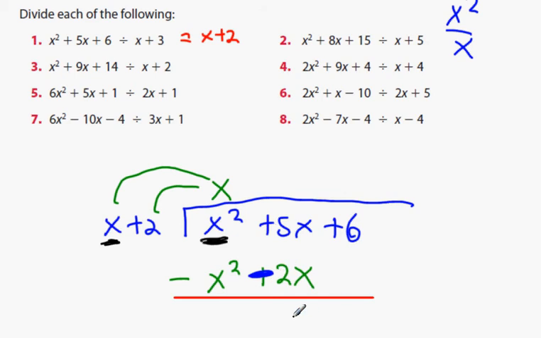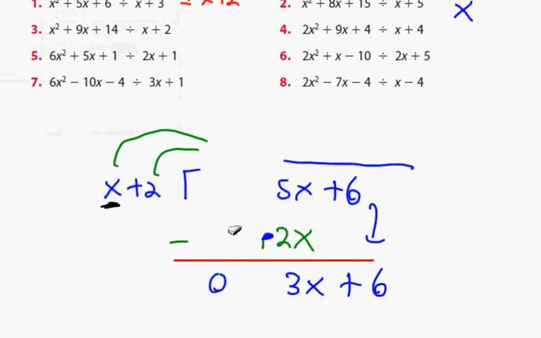That cancels, doesn't it? x squared minus x squared cancels. 5x minus 2x, 3x. Bring down the 6 and what happens? 3x plus 6.